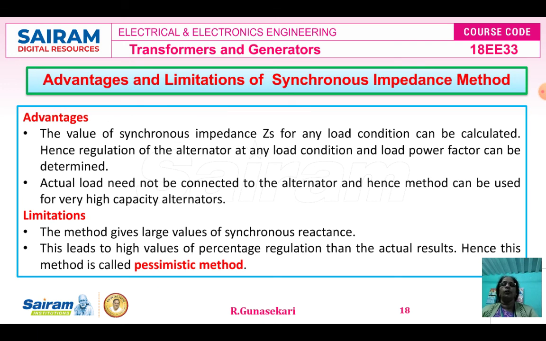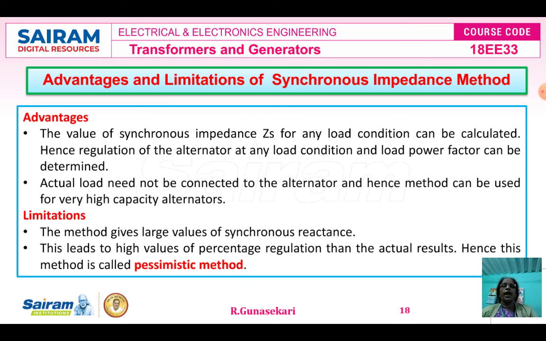So what are the advantages and the limitations of the synchronous impedance method? The advantage is that at any loaded conditions we can calculate the synchronous impedance Zs. Therefore, we can calculate the regulation of the alternator at any loaded conditions, and the load power factor can also be determined by using this method.